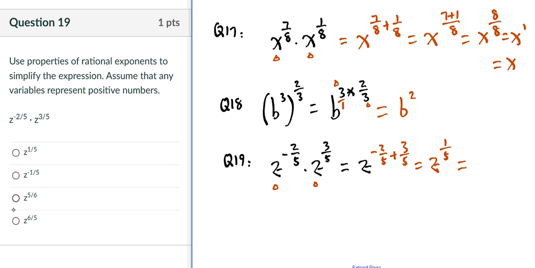The rest of them are not correct. They didn't ask you to write in the radical form, but if you are required, you should do it in this way. But here is sufficient because they did not ask you to write the exponent form into radical form. So you are done right here.